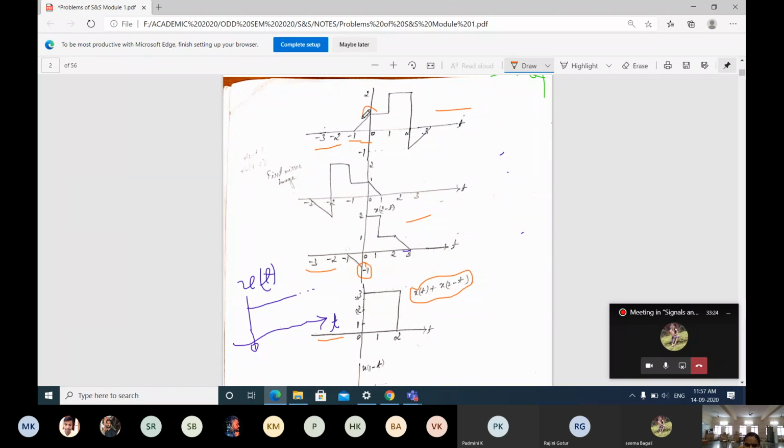If I add both, what will I be getting? Plus 1, minus 1, you will be getting 0 only. For that reason, you will not get any signal from minus 1 to 0. It will be 0 only, so you can write a constant line on the 0 path.